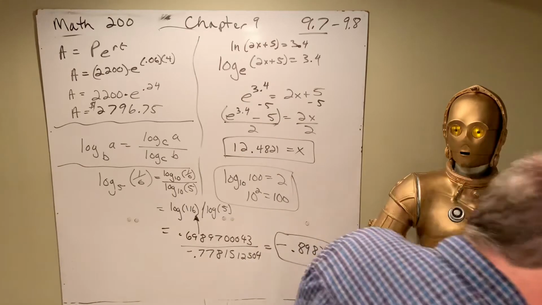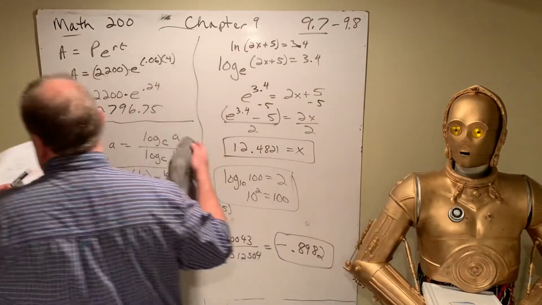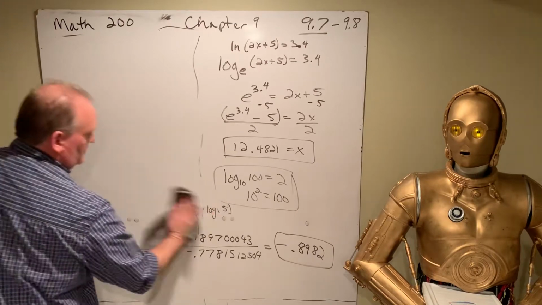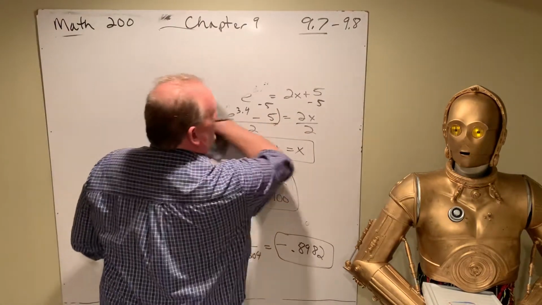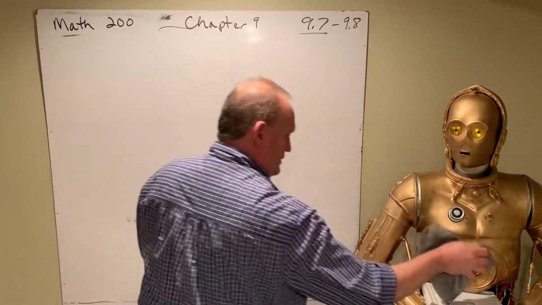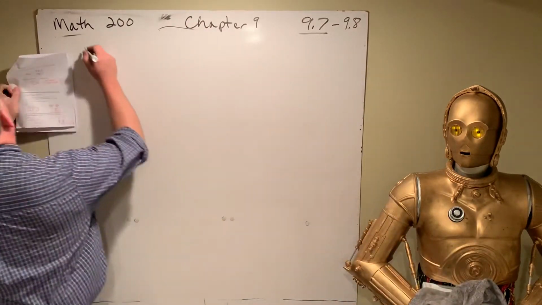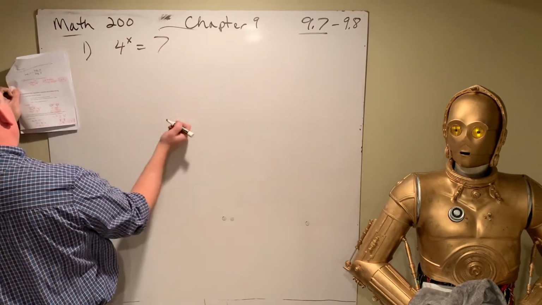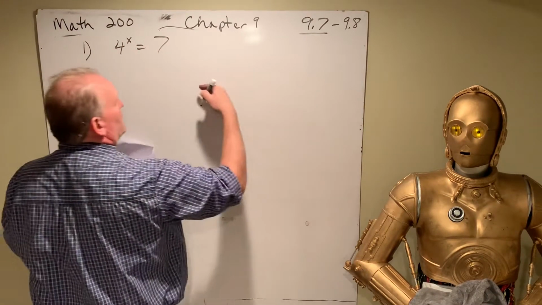Solve for... Four to the x is equal to 7. So what we do is let's write this as a log.